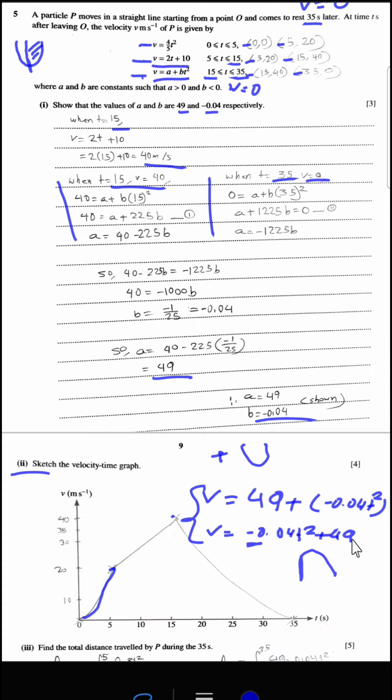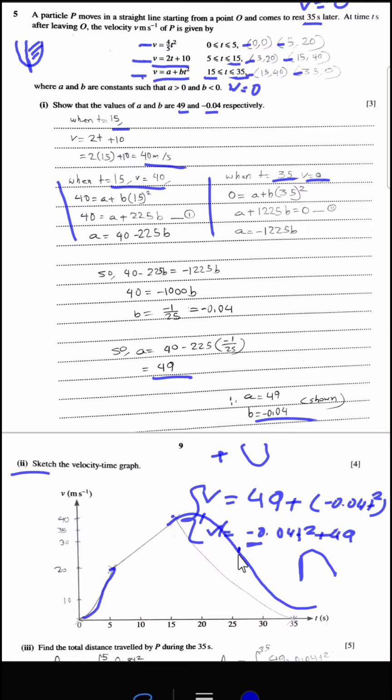But for this negative t square, we have a maximum point. So, according to this graph, as t square is negative, we would have a maximum point.